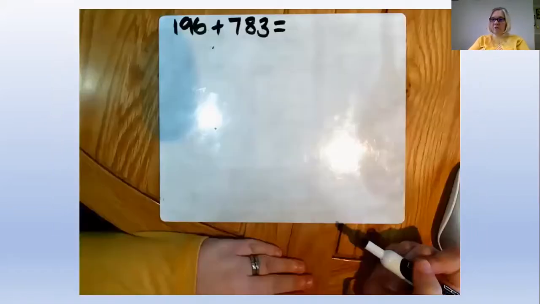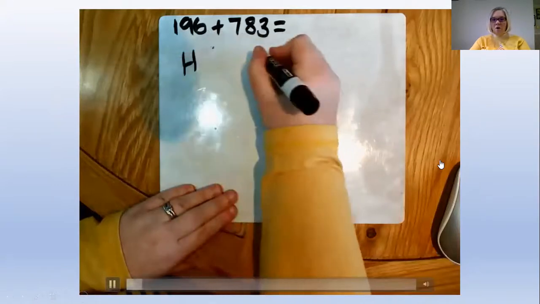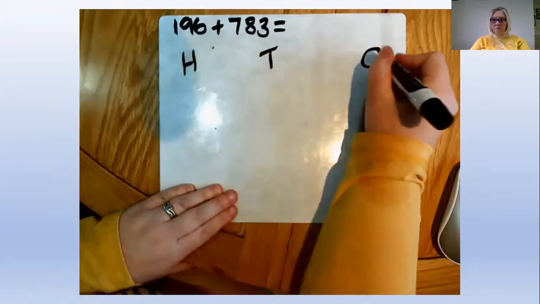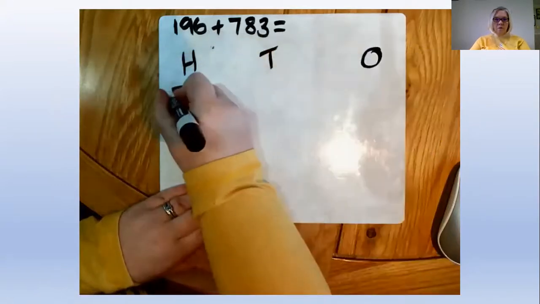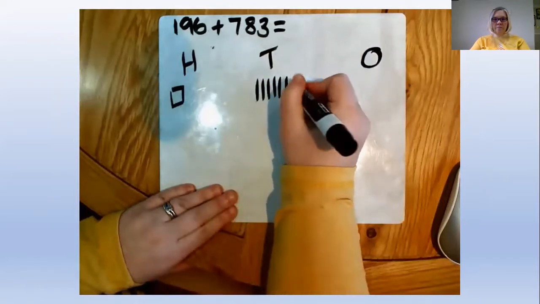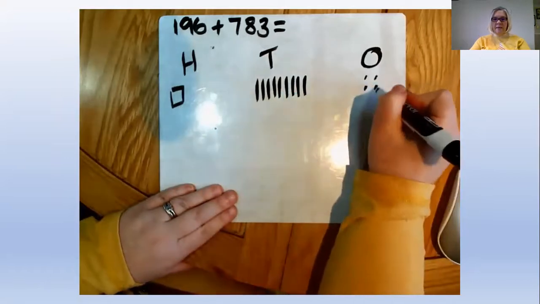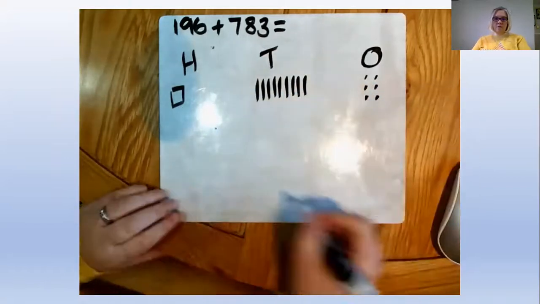Okay, so I chose to do the pictorial example to prove whether that was right or not. So let's see if I've done it correctly. I've got my columns to help me out. So I've got 100 and 90 and my 6 ones.